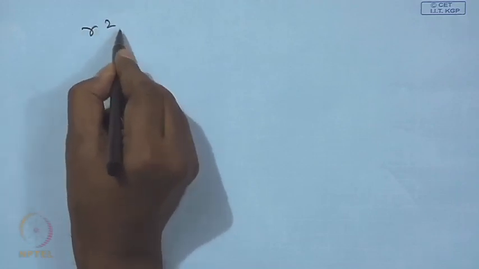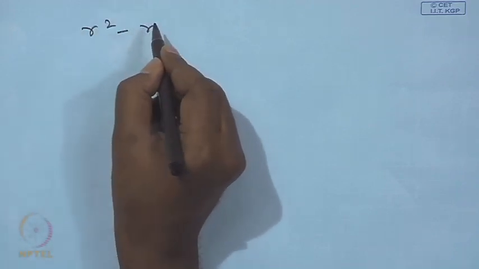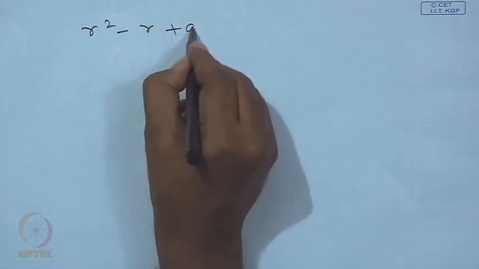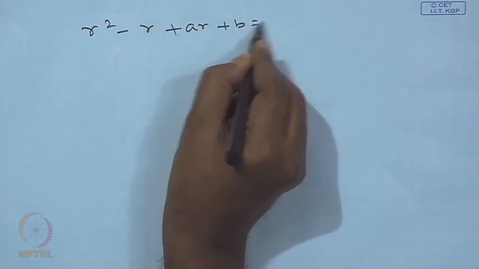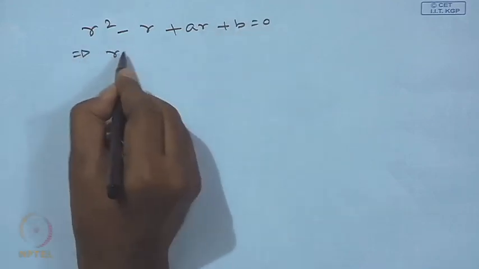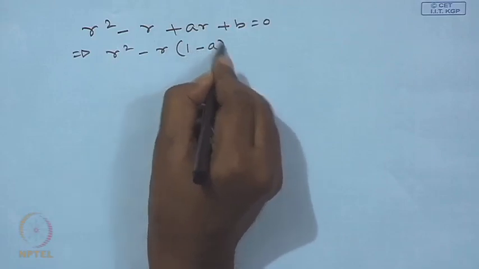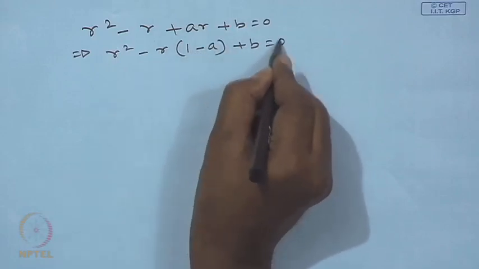So, if you solve this equation, we get r square minus r plus a r plus b is equal to 0. So, you will get r square minus r into 1 minus a plus b is equal to 0.